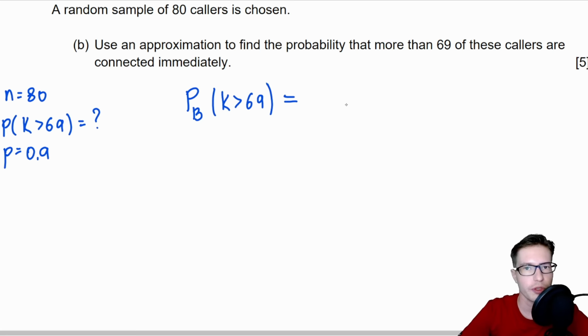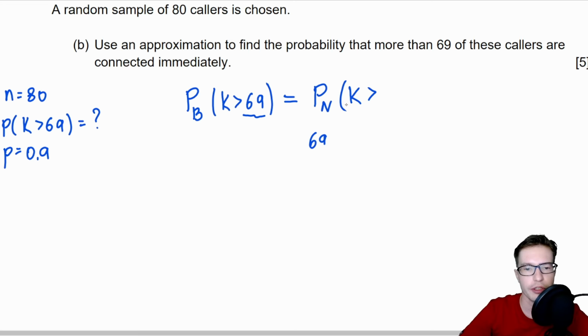Okay, let's get started. We're looking for the binomial probability when k is bigger than 69. And for that, we're going to use the normal approximation. And at this step, we have to make a continuity correction. So when we use the normal approximation, that number is never going to stay the same. It is either going to be 0.5 bigger or smaller.